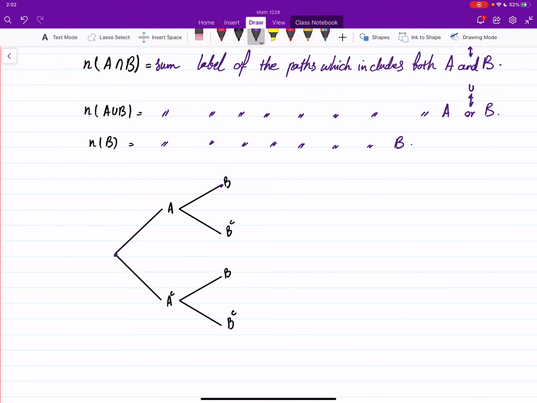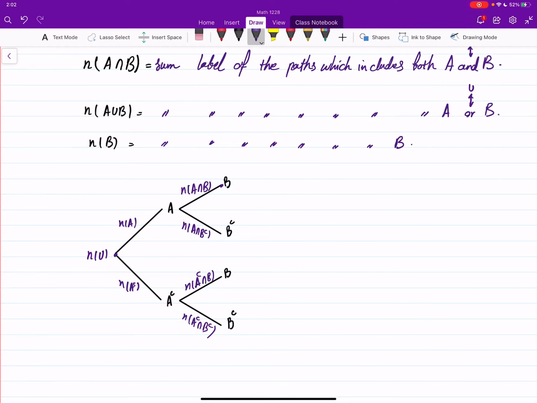what we had on a very basic tree. So we already know that, for example, this one would be n of A, this is n of U, this is n of A complement, this is n of A intersect B, there's only one here, this is n of A intersect B complement, n of A complement intersect B, and n of A complement intersect B complement.